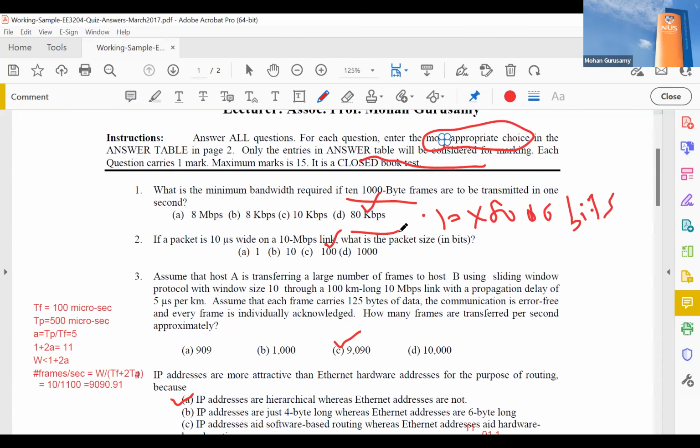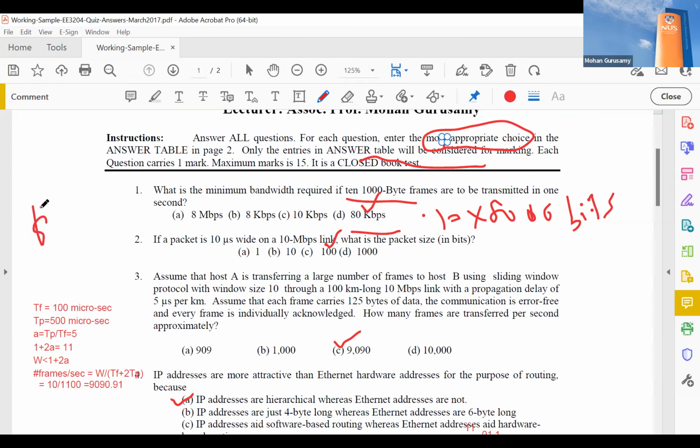Now, question number 2, if a packet is 10 microseconds wide on a 10 Mbps link, what is the packet size in bits? Packet size can be specified in time as well as bits. The relationship between these two is the same.